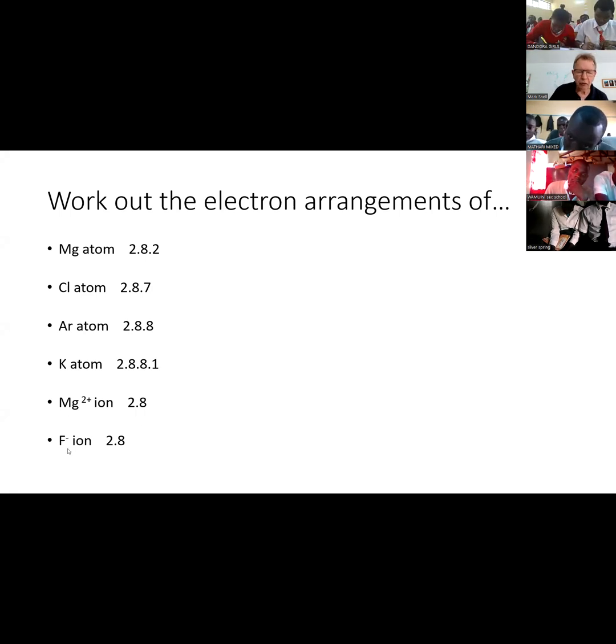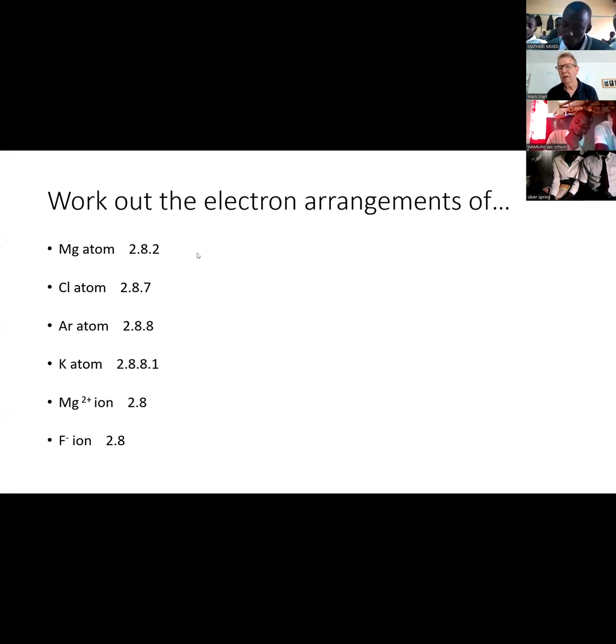Magnesium 2+ and fluorine minus have the same electronic configuration or electron arrangement. The word for that is isoelectronic, meaning the same electron arrangement. Has anybody got any questions about that?